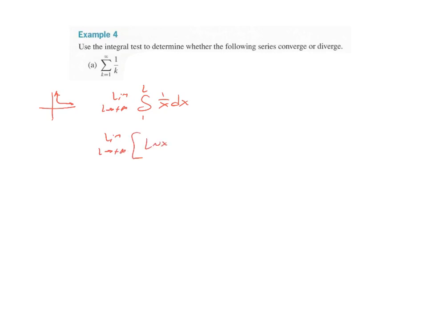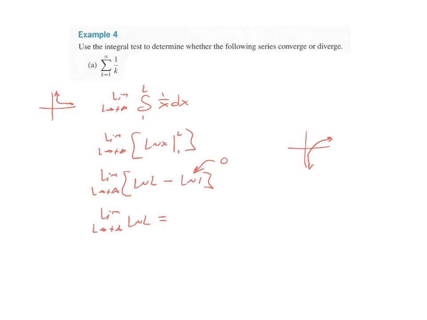This would be ln x evaluated at 1 and L. So keep it going and limit it at the most convenient time. This would be ln L minus ln 1, which is, of course, 0. So I have the limit as L goes to positive infinity of ln L, which equals, I know, and I hope you do too, that ln x looks like this.